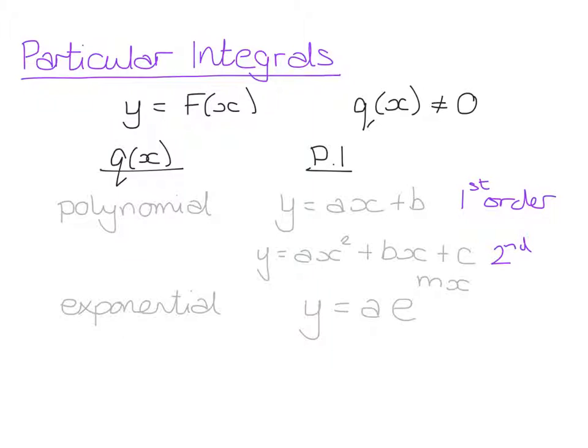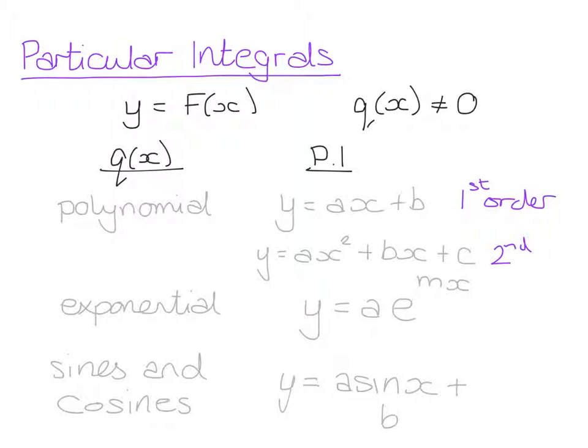If the function q of x is a mixture of sines and cosines, then similarly we will try a function f of x which is a mixture of sines and cosines, e.g. y equals a times sine x plus b times cos x.